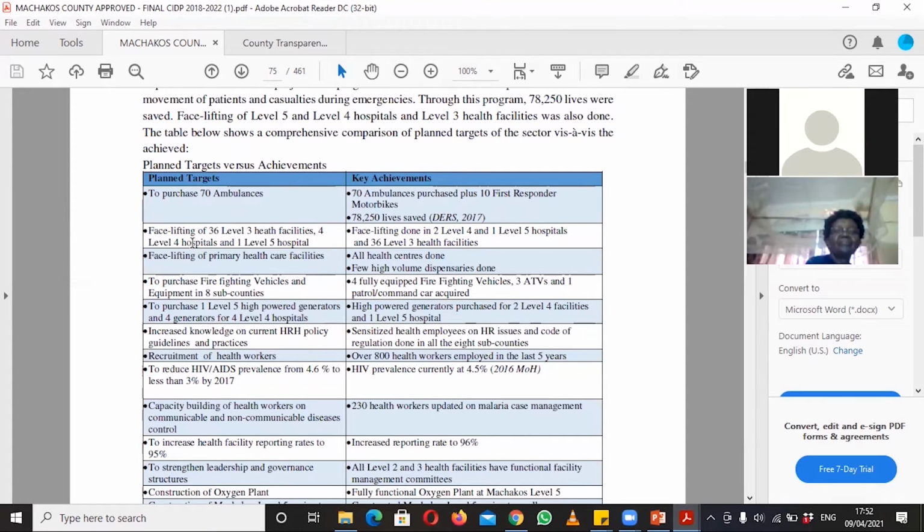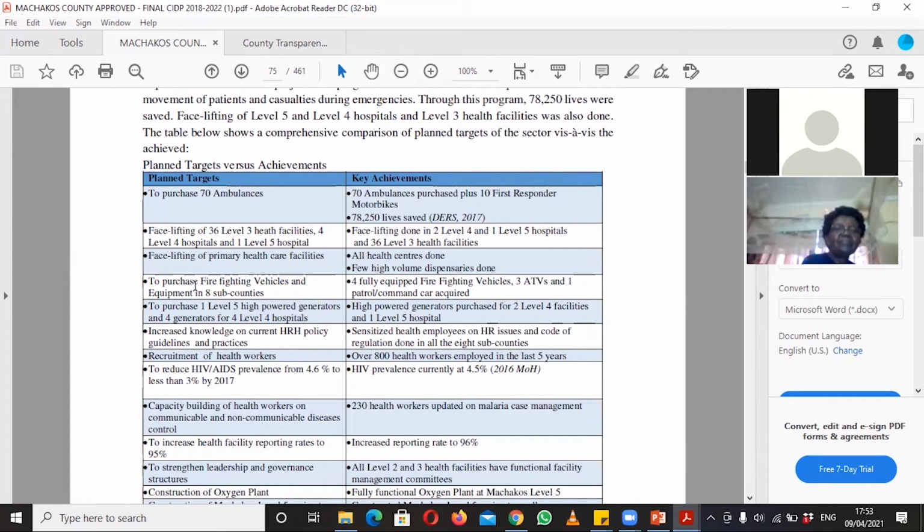Then they set facelifting of 36 level 3 health facilities, 4 level 4 hospitals, and a level 5 hospital. The achievement was facelifting done in 2 level 4 and 1 level 5 hospital, and 36 level 3 health facilities. So even facelifting of primary health care.